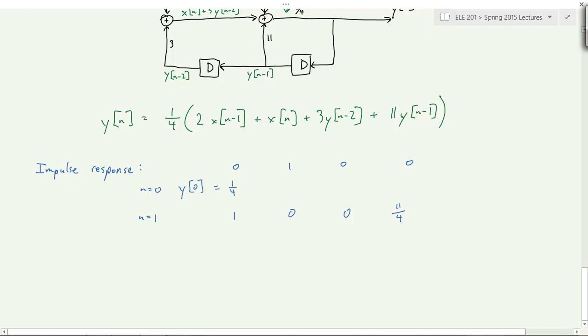Is that not right? Oh, yes, that should be a 2. Yeah, I see what you're saying. I was just writing the symbols. All right, fine. I'll just say 1, and I'll say a 1/4. Then you multiply all by their coefficients, and you get that y of 1 equals 2 times 1/4, so you get a half from this one, and you get 11/4 times a 1/4, so 11/16. So whatever, half plus 11/16.